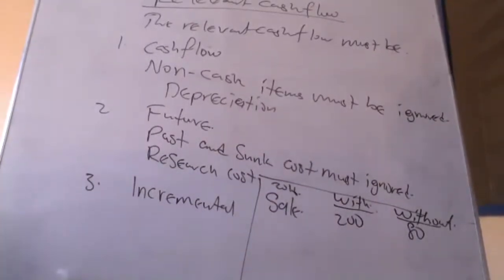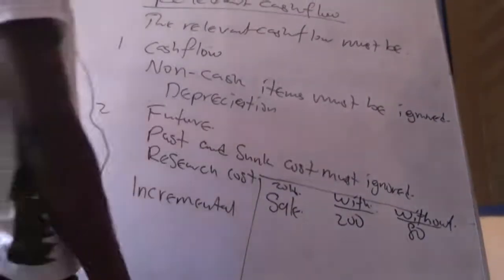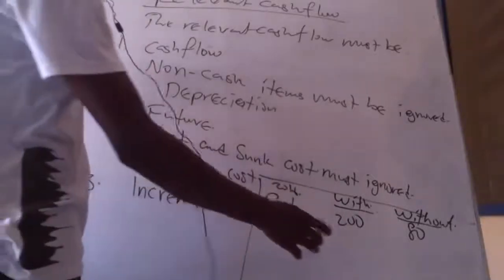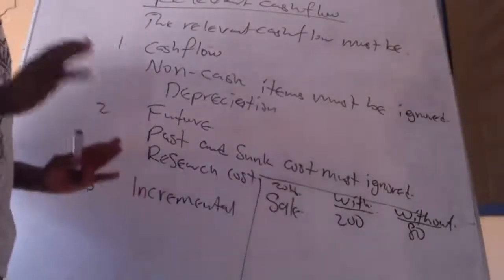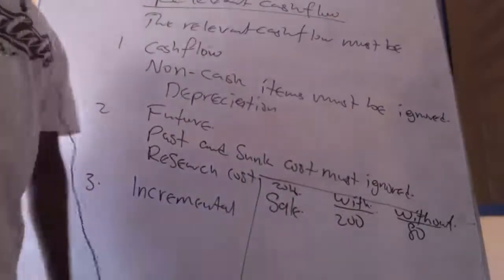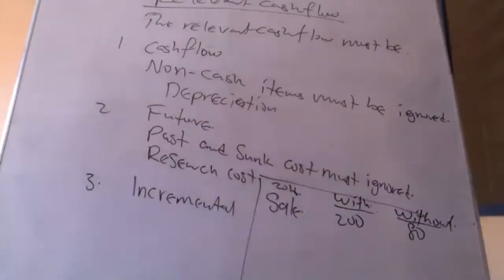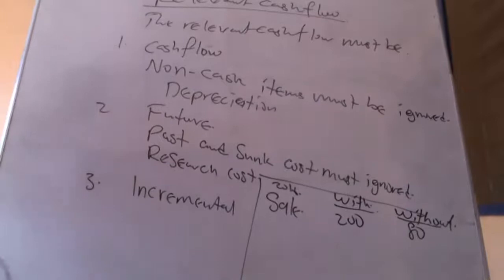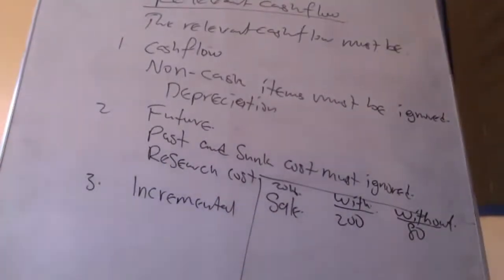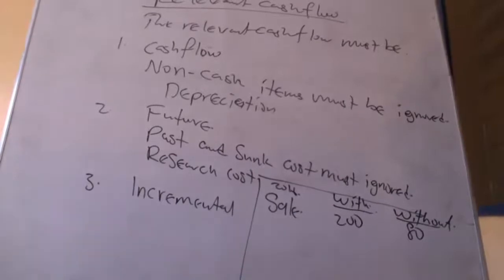What will be the directly attributable sales for the project? With the project, the company's sales revenue is 200 Ghana cedis. Without the project, the company is getting 80 Ghana cedis. So tell me, what will be the specific project sale, or the incremental sales to that project? Please let your answers flow. I want to know whether you are following.